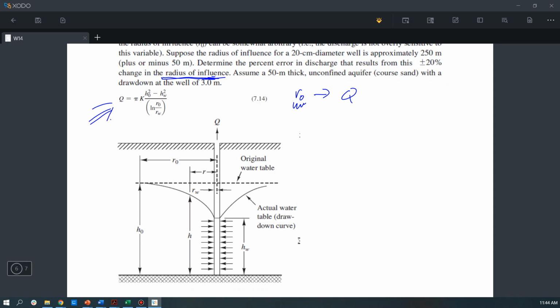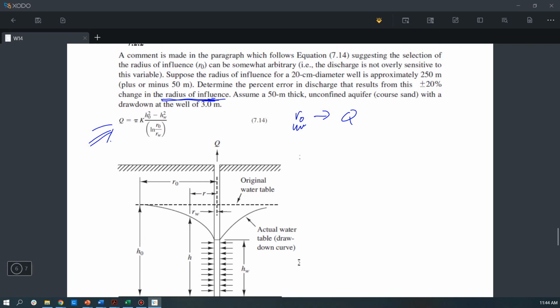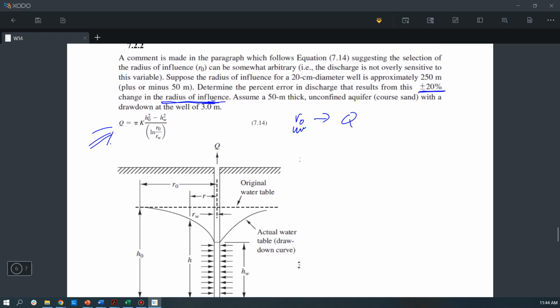So because we want to evaluate plus or minus 20% change, that means we need to use 250 meter, that's plus 50 because it's plus or minus 50 for this 20%.